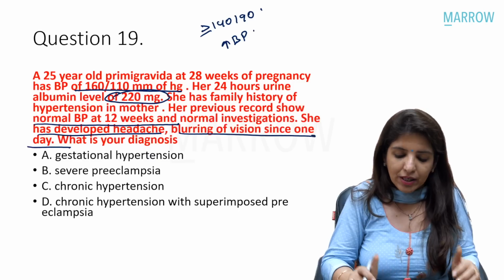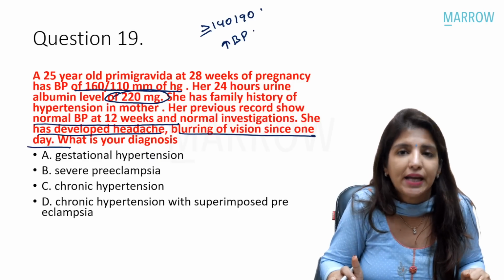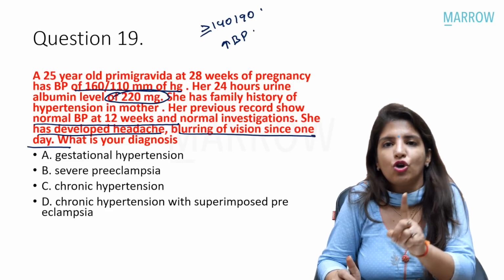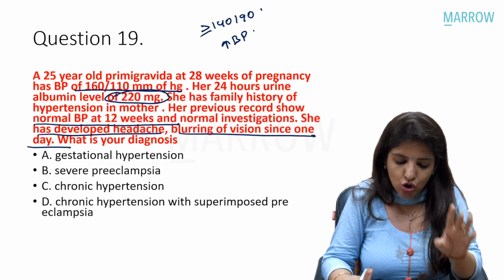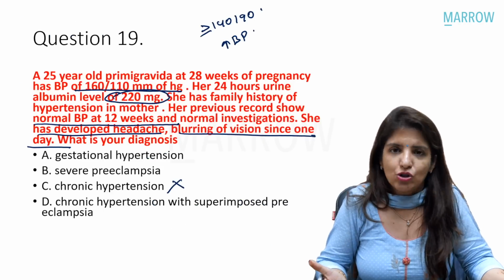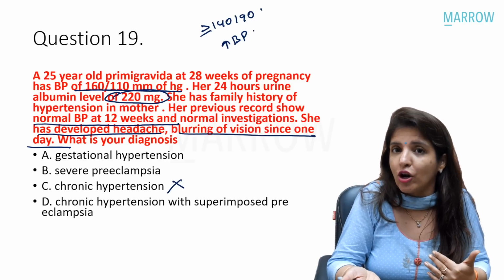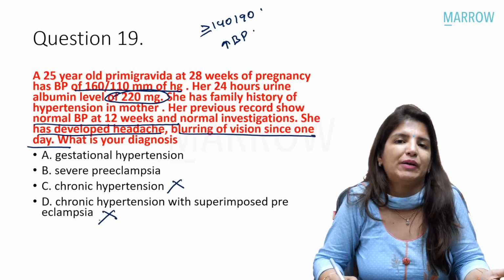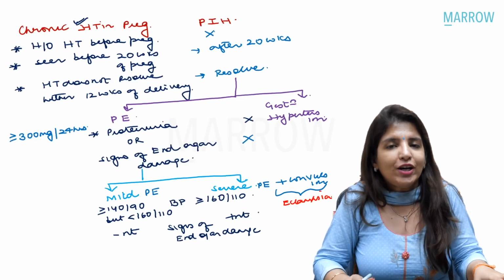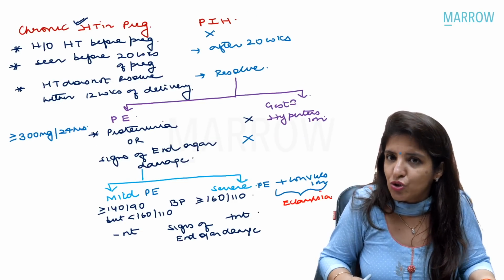Now, in this case, the patient is 28 weeks pregnant and her BP at 12 weeks was normal. That means she is not a case of chronic hypertension, right? That's obvious. And since she is not a case of chronic hypertension, she cannot be chronic hypertension with superimposed preeclampsia. Clear? Now, that definitely means she's a case of pregnancy-induced hypertension.